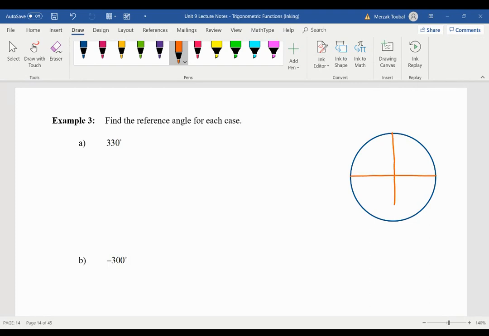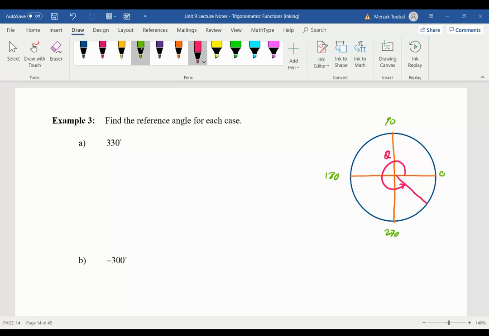Put the x-axis, y-axis. 330 is definitely greater than 270 but smaller than 360. This is 0, that's 90, that's 180, that's 270, and if you go back to 0, that's 360. So our 330 must be somewhere over here. It doesn't have to be exact, but this is the angle theta.